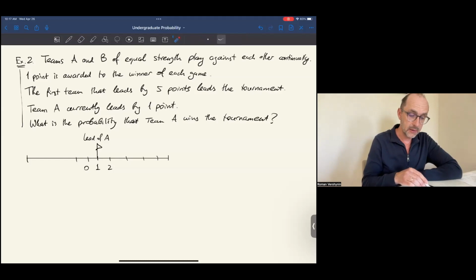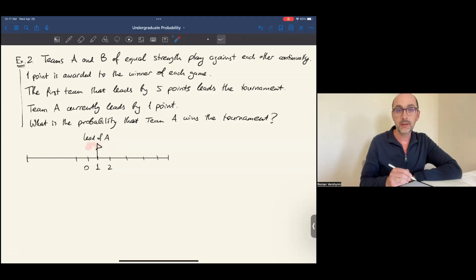Because teams A and B have equal strength, the flag gets replanted to the right or to the left with probability 1/2. Because the games are won or lost independently, each step is independent. Therefore, the lead of A, this flag, is doing the same simple random walk that was described in the previous problem.